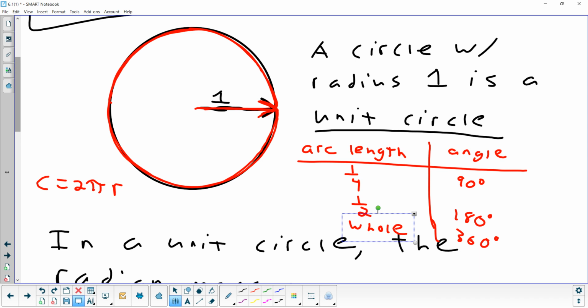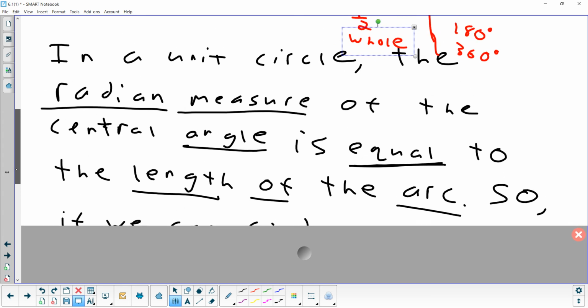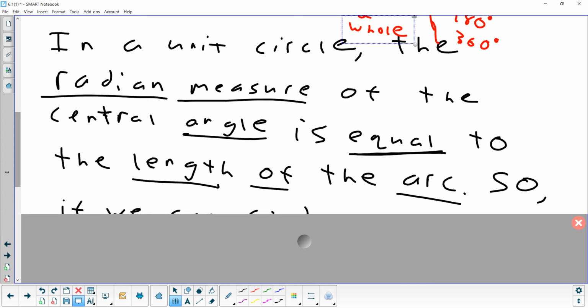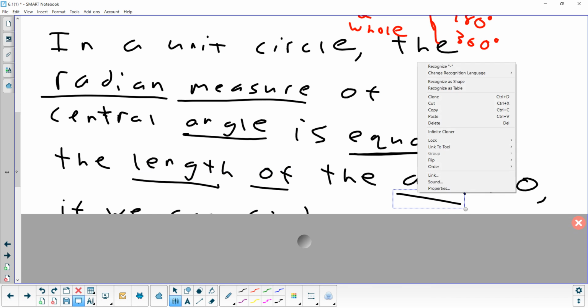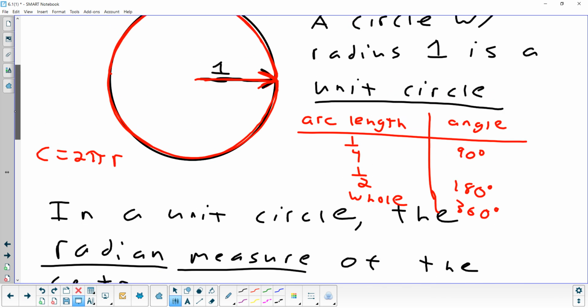So we're looking at a very specific arc. We're looking at what's called the circumference. But if we can find the length of the circumference, which is an arc, the length of the circumference will be equal to the radian measure of the angle that goes all the way around the circle. So let's find the circumference.